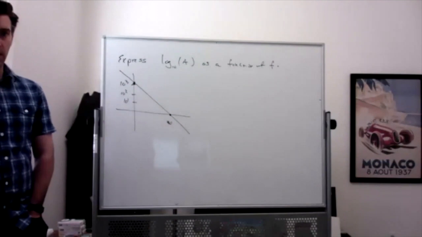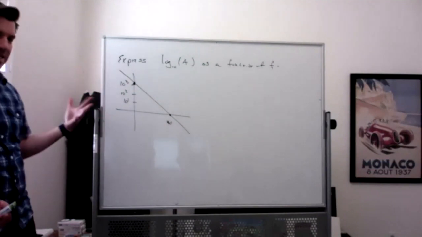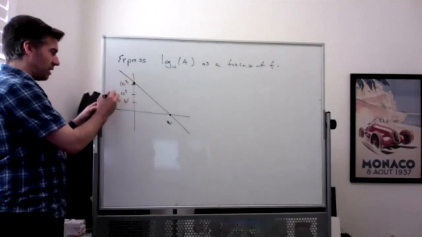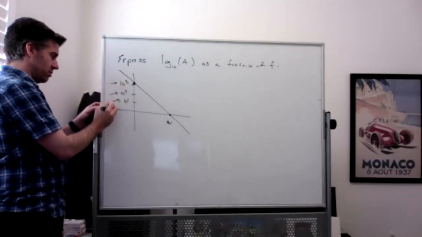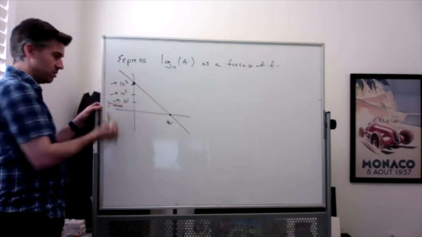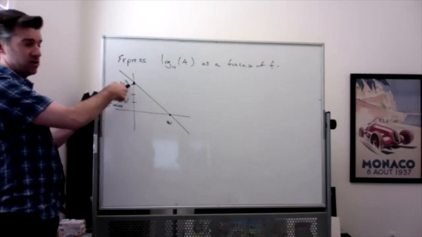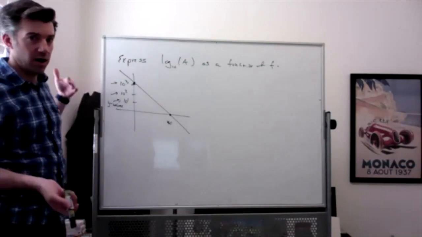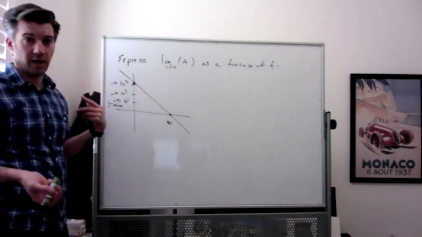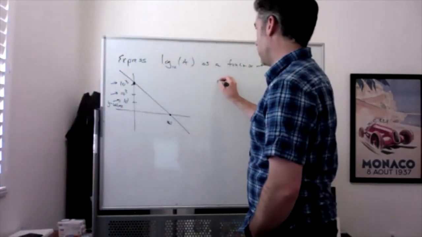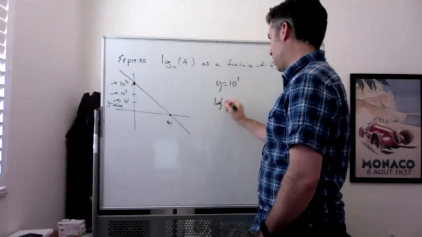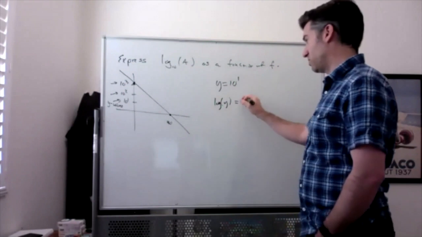The problem here is that the way this is set up, they're actually giving you the actual y values. This is actually y equal to 1,000, not log of y. But we're plotting on a semi-log scale. So when y equals 10 to the first, log of y equals log of 10, which is 1.